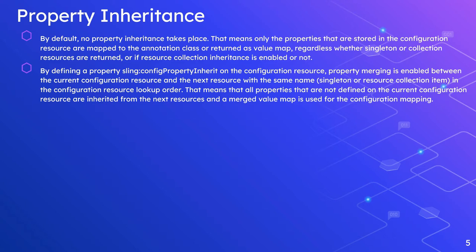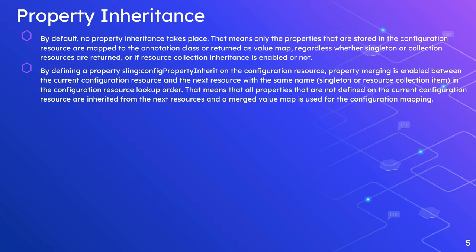Now this behavior can be changed again by defining a property sling config property inherit on the configuration resource. Property merging is enabled between the current configuration resource and the next resource with the same name. It is applicable for both cases, singleton or resource collection item. This means that all the properties that are not defined on the current configuration resource are inherited from the next resource, and a merged value map is used for the configuration mapping.